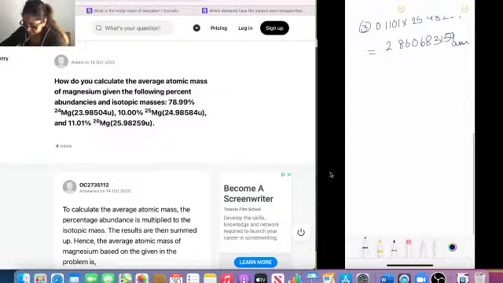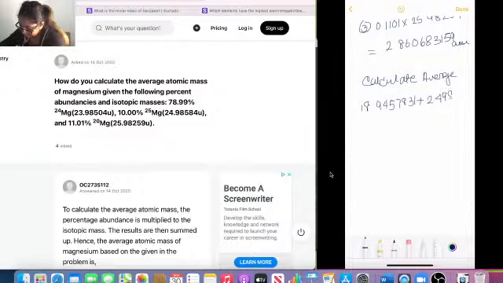Okay, so now calculate the average. So we're just going to add all these numbers together. So we have 18.947831 plus 2.49884 plus 2.860683159.